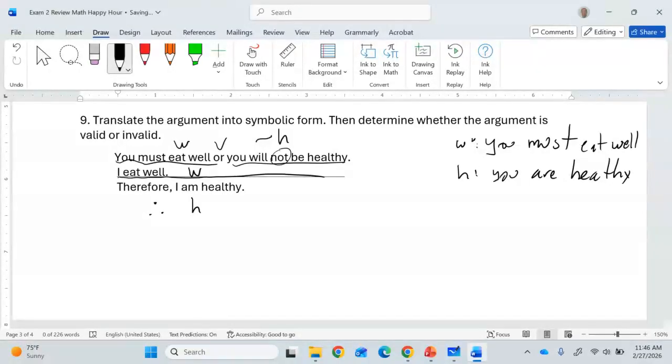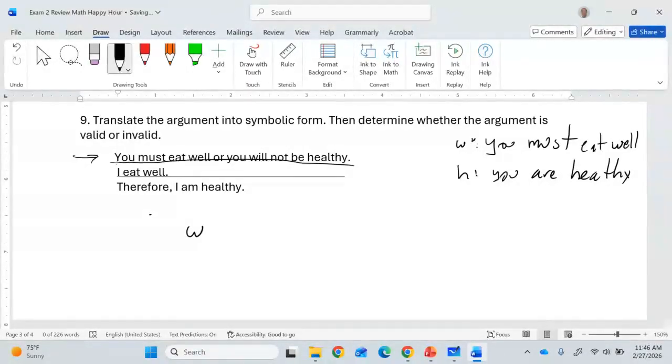So this whole argument, now the argument is always divided into sentences. Let me write it below again. The first part should be the first sentence, "you must eat well."